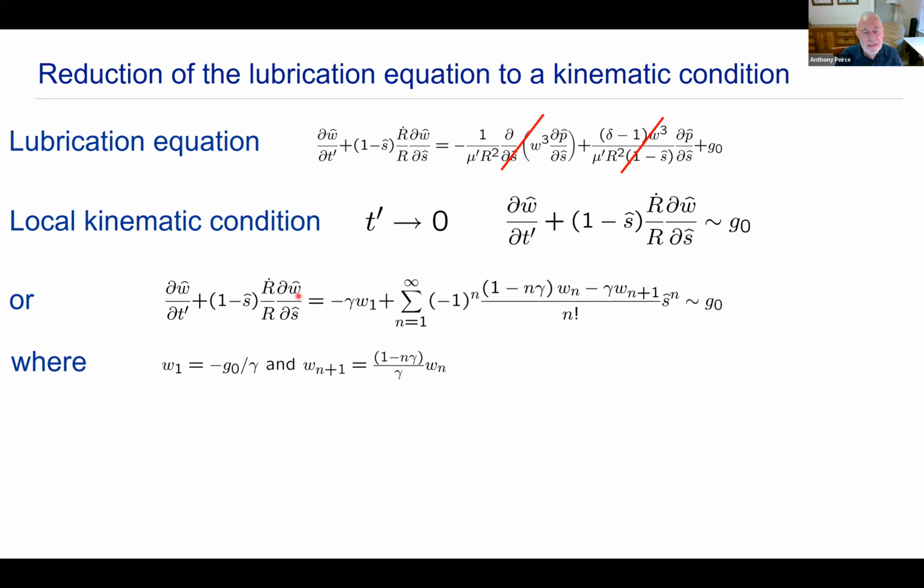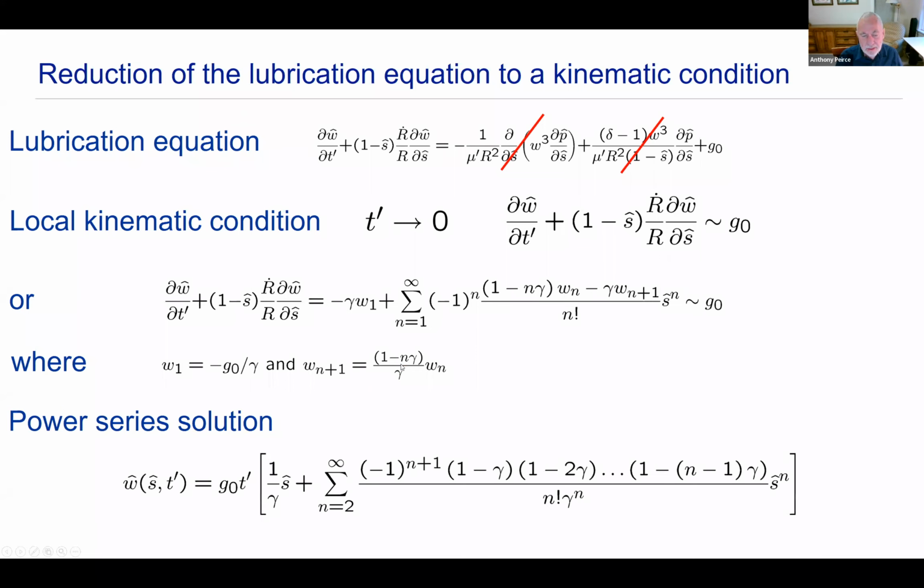So equating the kinematics term to this, plugging in that series solution, we match powers. This term equals G naught, which gives us that. And there's no other power in S on the right-hand side, so the coefficient must be 0. So we get this little recursion, and ultimately we end up with that series solution.